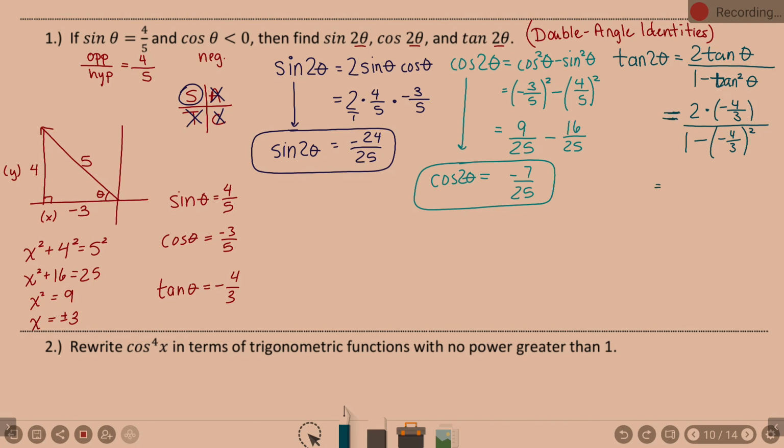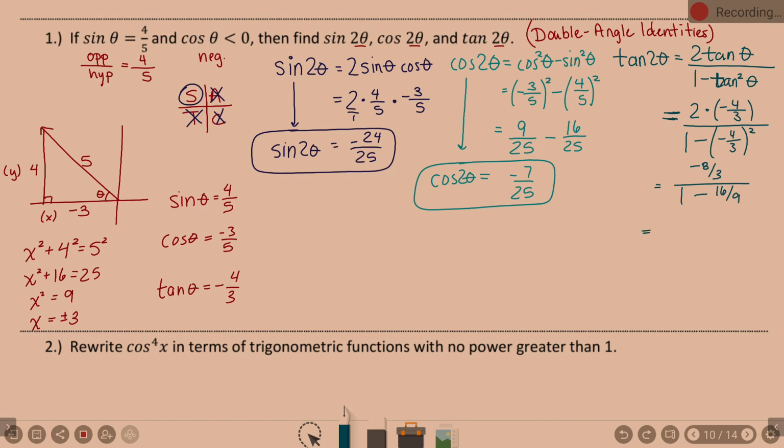Okay, on top, 2 times negative 4/3, negative 8/3, right? It's 2 over 1, and so that is negative 8/3. Denominator, 1 minus, what is negative 4/3 squared? 16/9. And you square that negative, so it's still 1 minus.